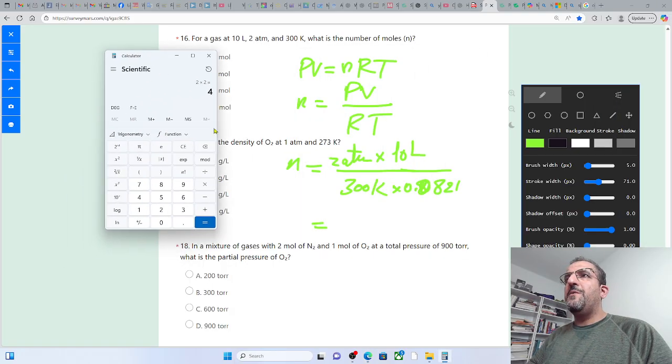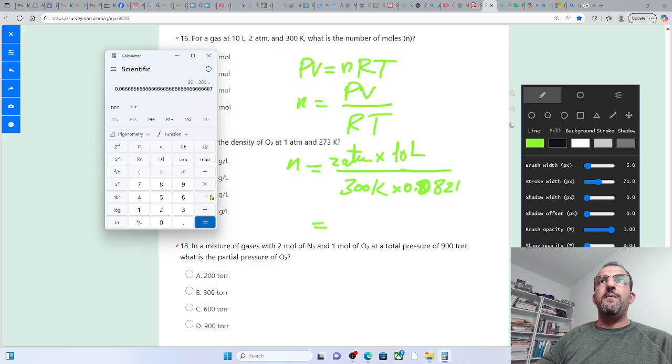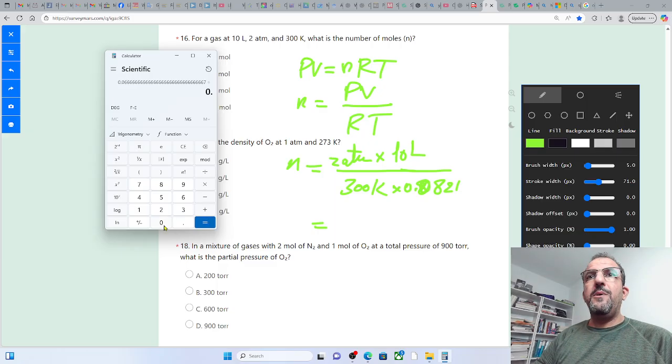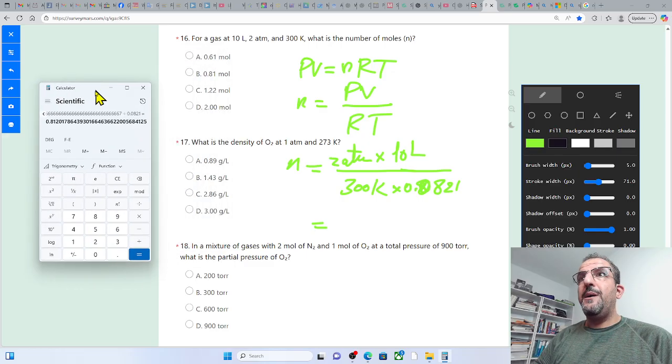So now we can solve for the number of moles. So we have 2 times 10, that's going to give me 20, divided by 300, that's going to give me this number, and then I will divide by 0.0821, so that's going to give me 0.81.